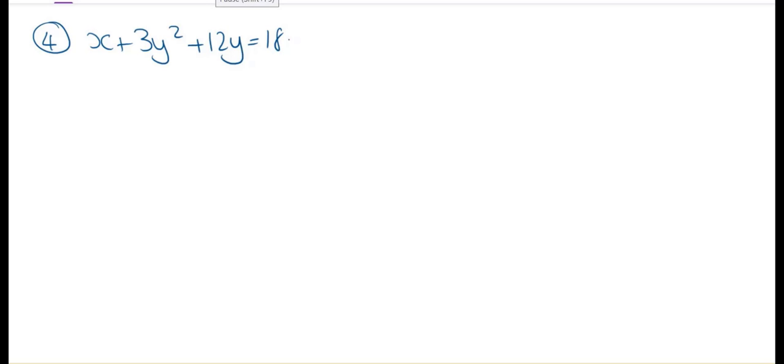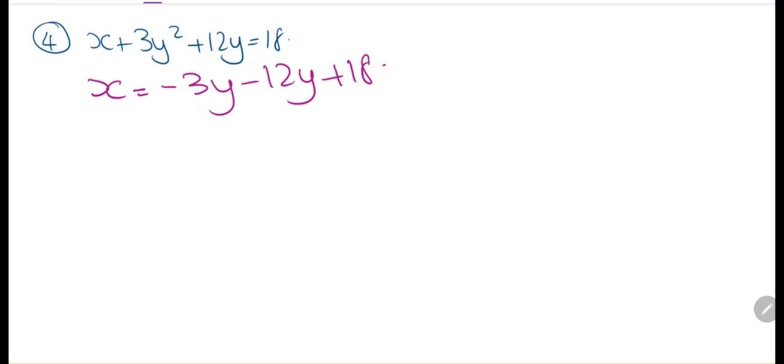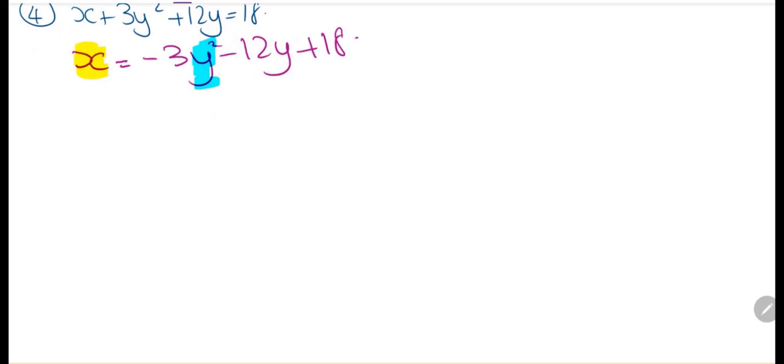Okay, so we need to look at question 4, and we need to rearrange it so it's x equals. So we're going to minus 3y squared and minus 12y from both sides. So x is equal to minus 3y squared minus 12y plus 18. Now we have an x, and we have a y squared.